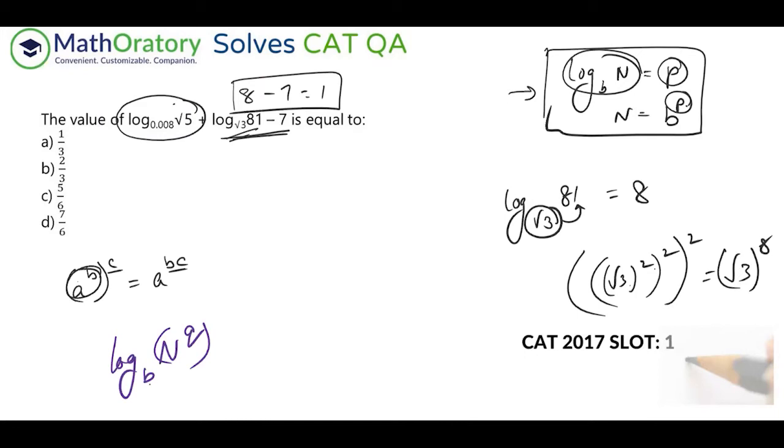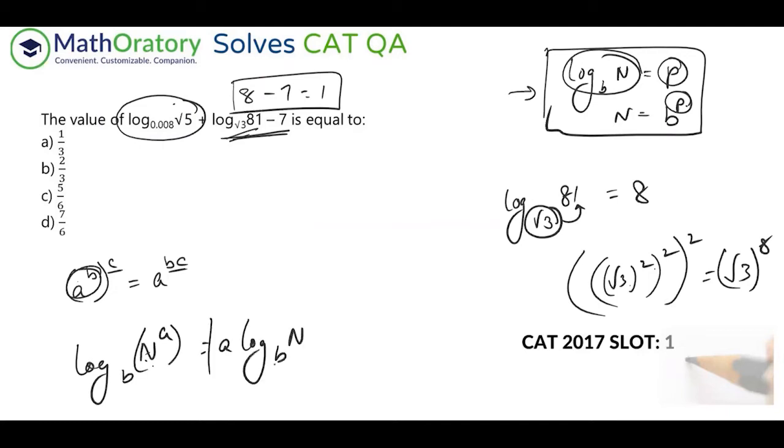So whatever power of B results in N, that multiplied by Q will result in N to the power Q, right? Using this idea. If not, you can use examples to understand that. But the property that I'm talking about is this. This is one idea that we are going to use. These are equal, by the way.